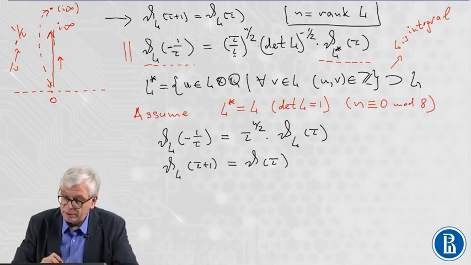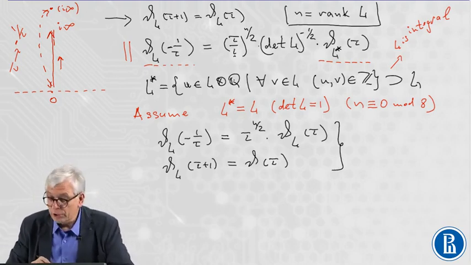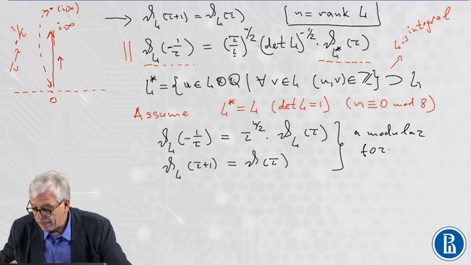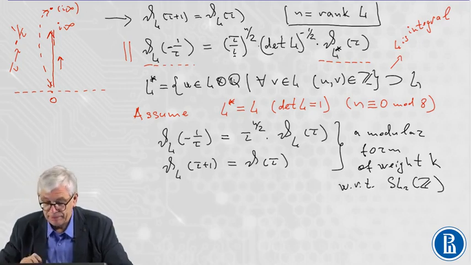And we get a function which is usually called a modular form of weight k with respect to the special linear group SL2Z.